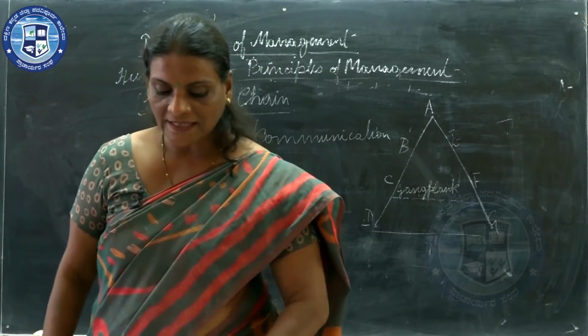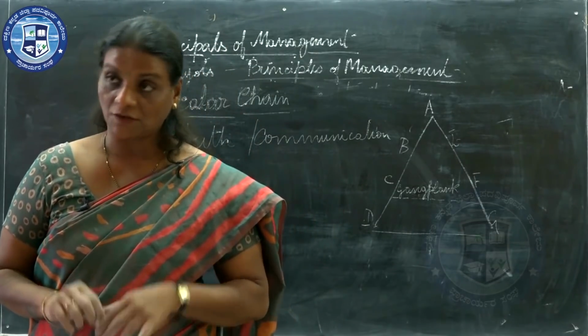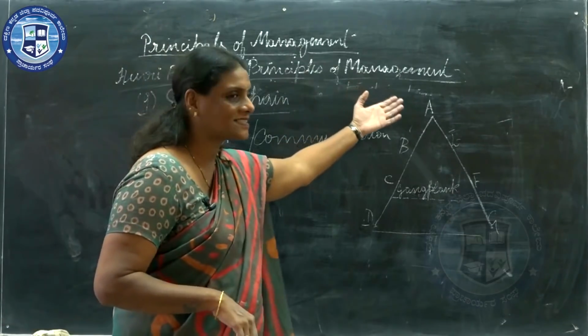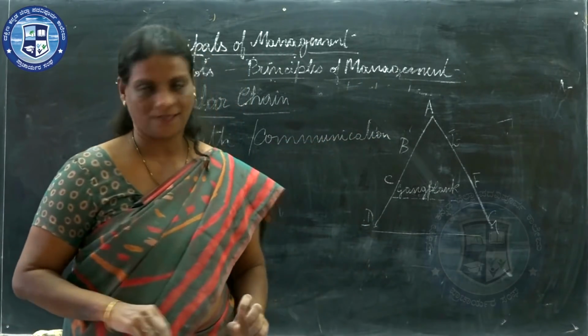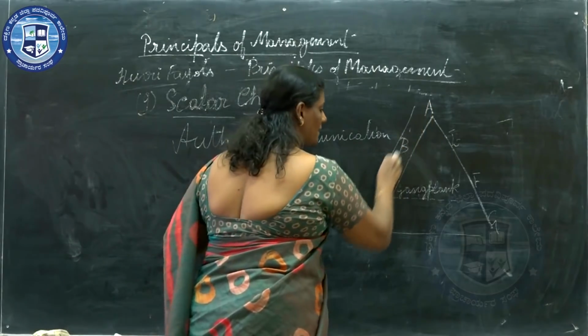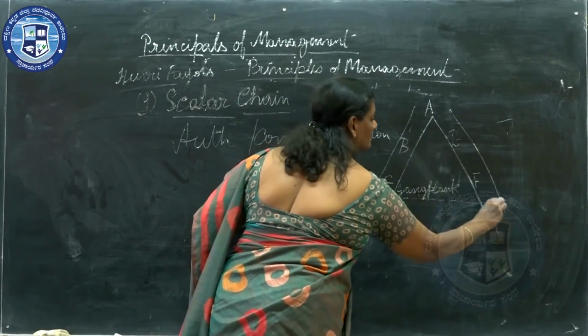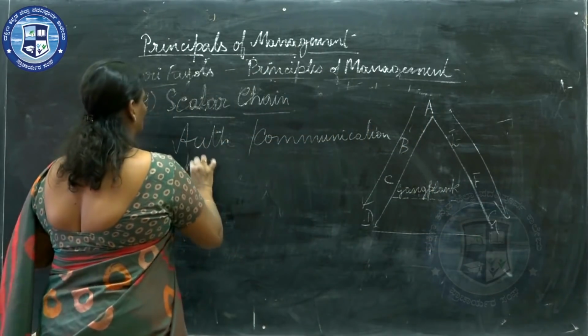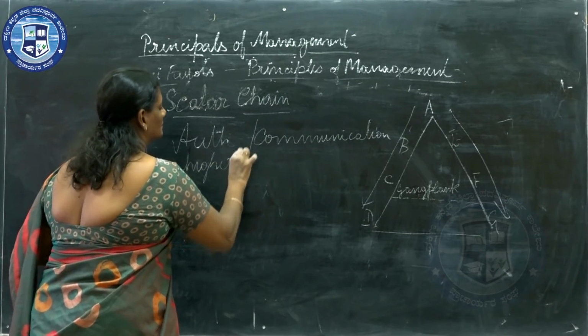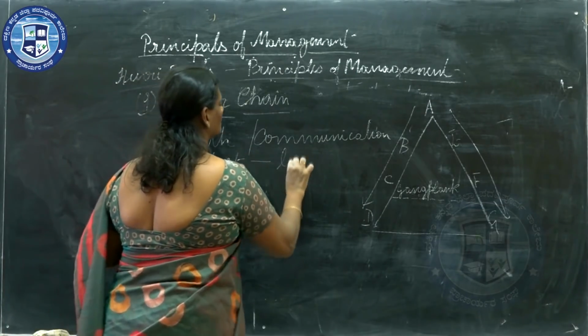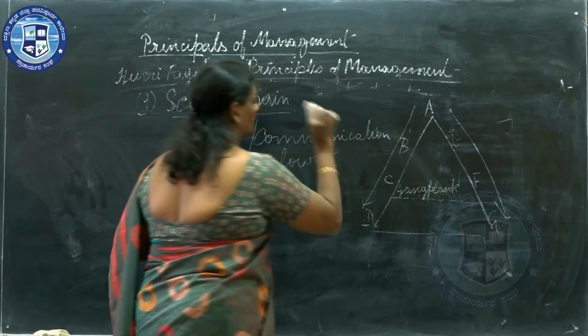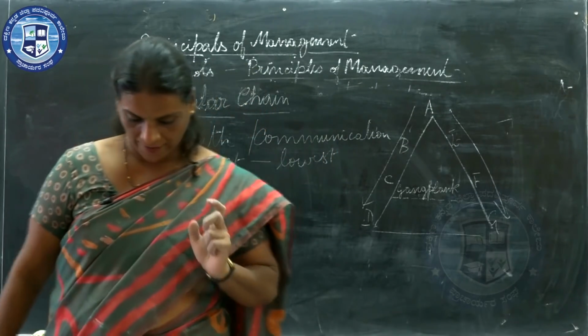There should be a scalar chain of authority and communication from the highest level to the lowest level.